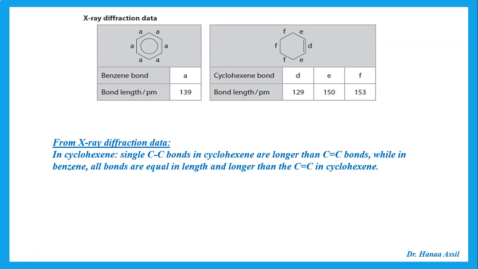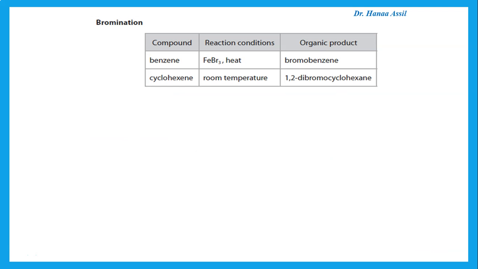So in cyclohexene, single carbon-carbon bonds are longer than the double bonds, while in benzene, all the bonds are equal in length. So that indicates that the electrons are delocalized so that all the bonds are the same length and they are in between a single and a double.